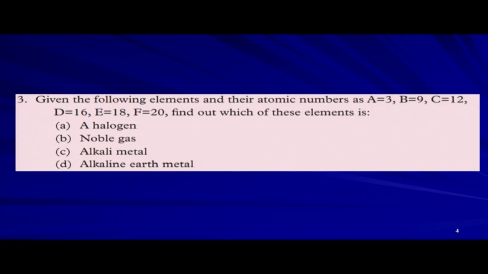Given the following elements and their atomic numbers as A, which is equal to 3, B, which is equal to 9, C, 12, D, 16, E, 18, F, 20, find out which of these elements is a halogen. Halogens are in group 7. So which element is in group 7? To work this out, we also need the electronic configuration.